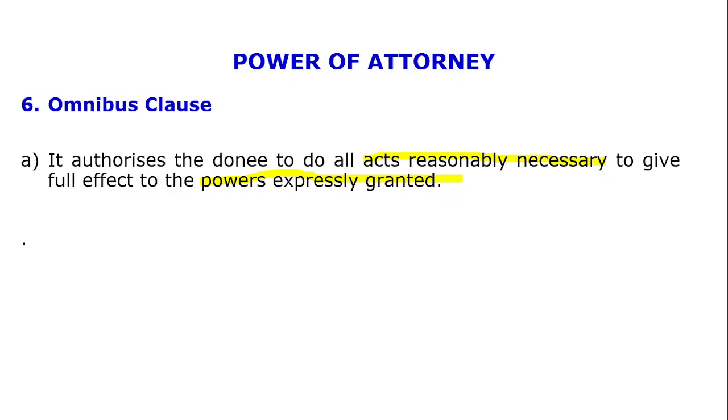So you can see these two highlights that I've done now. The omnibus clause is authorizing the donee to do acts that are reasonably necessary to give full effect to the powers expressly granted. Now, you know the ejusdem generis rule, right?